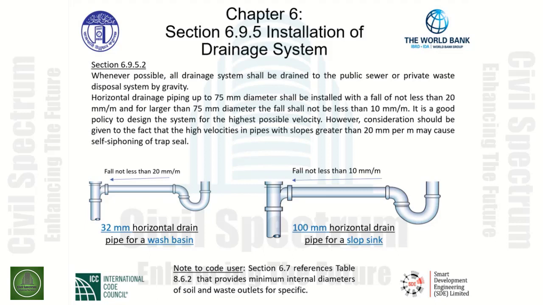A fall of not less than 20 millimeters per meter is required. When we move to the right-hand side, we have a 100 millimeter horizontal drain pipe for a slop sink. We have a fall not less than 10 millimeters per meter regarding the larger pipe size.